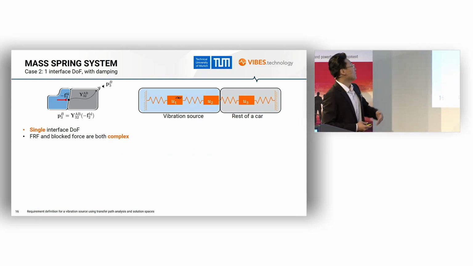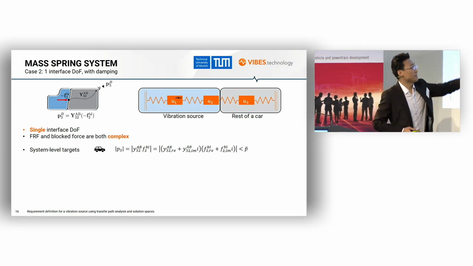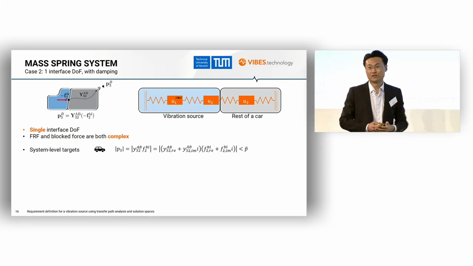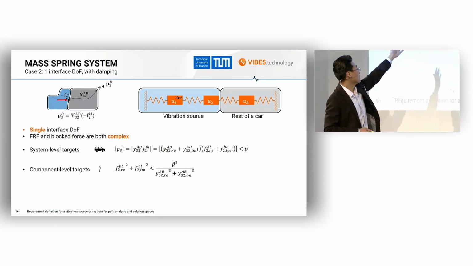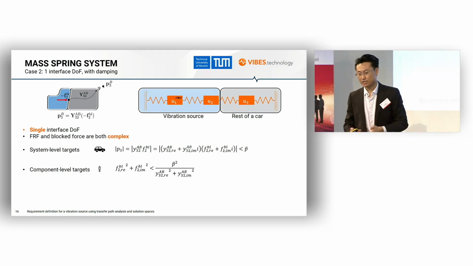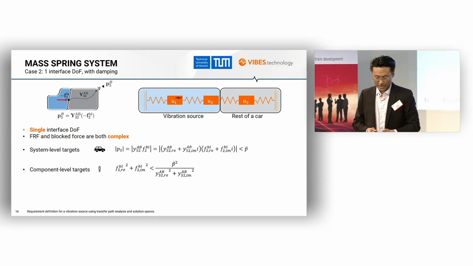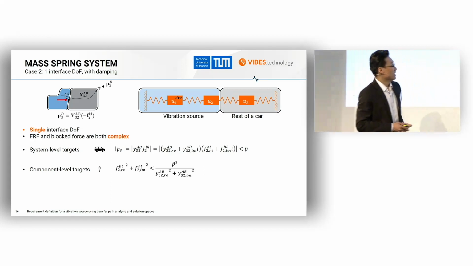So when the transfer functions and the block forces are both complex, they can be represented with their real and imaginary part. Finally, we can compute these component level requirements through analytical derivation, and it's given by this equation.